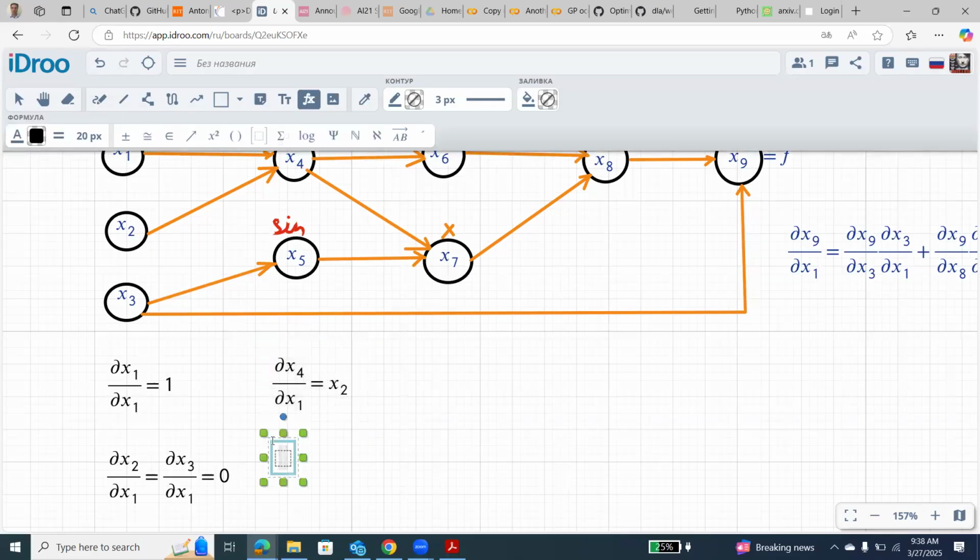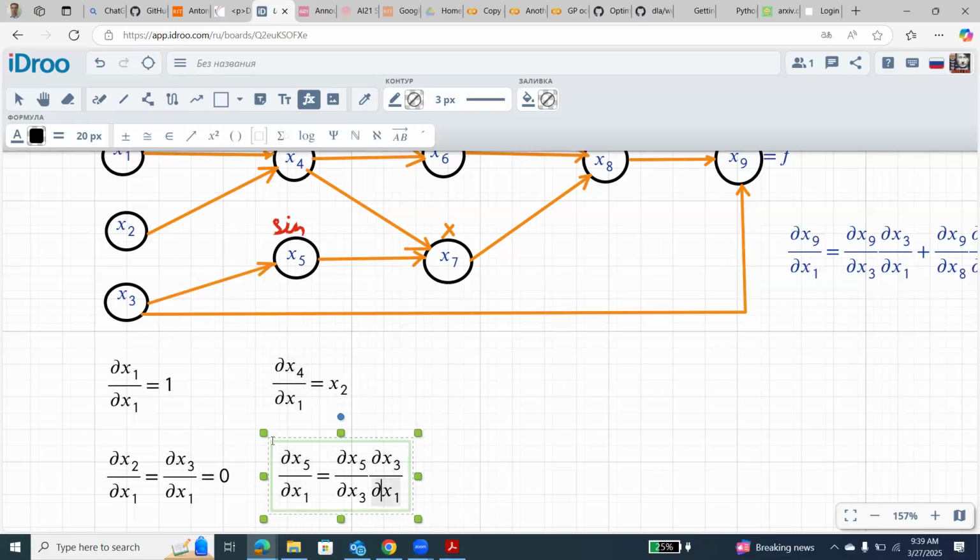What is the derivative of x5 with respect to x1? x5 is sine of x3. So I can write a detailed formula. It will be the derivative of x5 with respect to x3 times x3 with respect to x1.